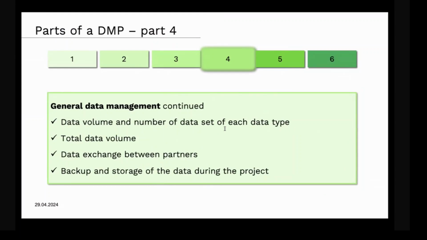Then comes the data volume, number of data sets, number of data types, whatever. It sounds very trivial to you right now. I can tell you that total data volume is still not an issue to neglect completely. As a bioinformatician, I come from a time where people applied for a grant for doing genomics, because it was the high time of development of different sequencing techniques.